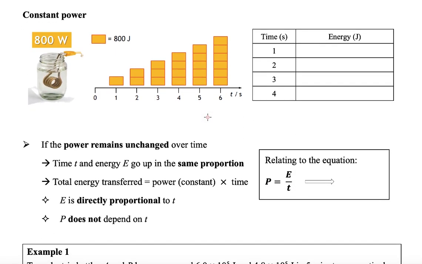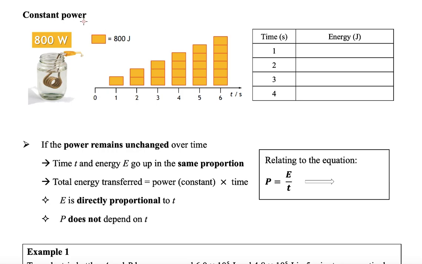So for you to easily understand it, we are going to talk about the constant power, which means that the power of the device or the machine providing to heat something is constant. The power is not changing.